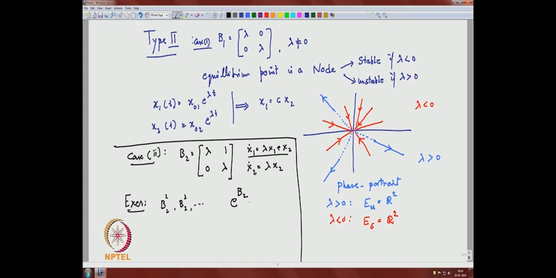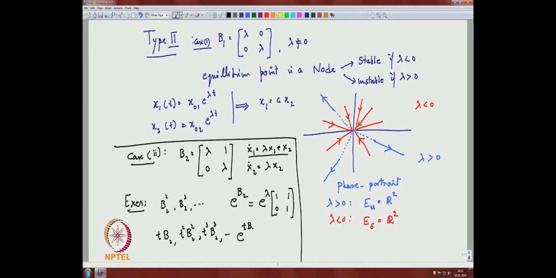So, you can compute to see that e power B2 is e power lambda times the matrix 1 1, 0 1. Also, because we are interested in writing the solution, you also compute T B2, T square B2 square, T cube B2 cube etc., and write down e power T B2.